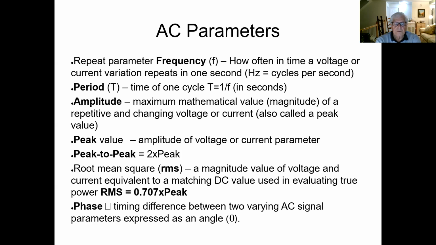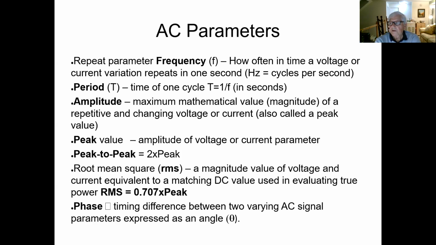So if you go through the analysis, you find out that the RMS value of the voltage or the current is 0.707 times the peak value of the voltage or current.